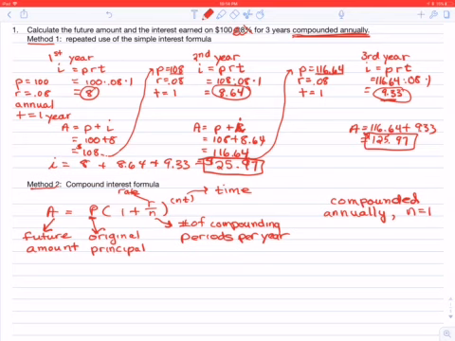If it's compounded semi-annually, they're going to calculate the interest every 6 months or twice a year.